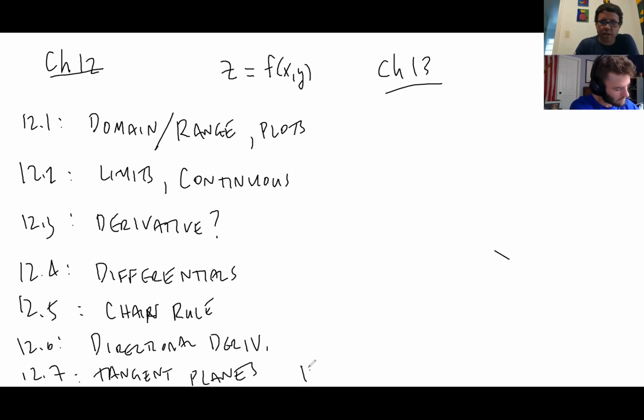And then finally, I ran out of room, but 12.8 is on optimization. So how do you do max and min and all of that sort of stuff?